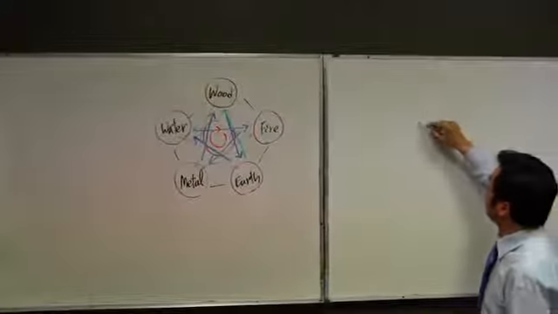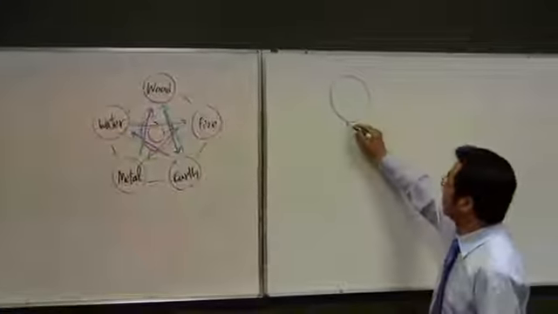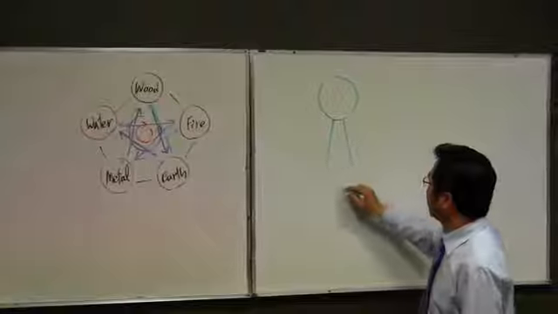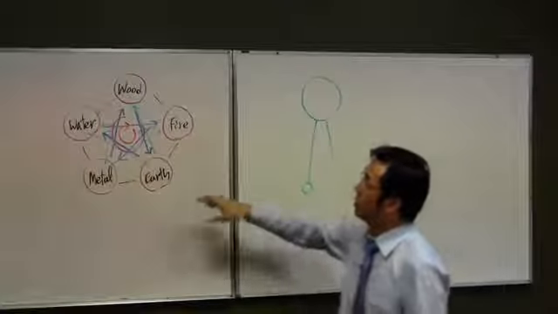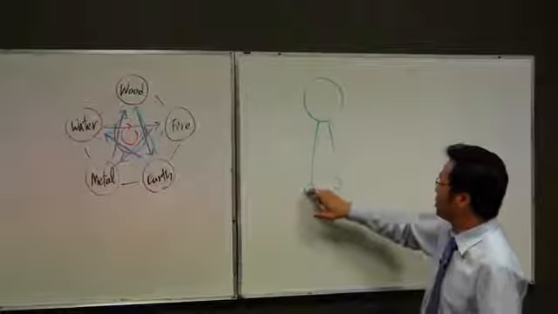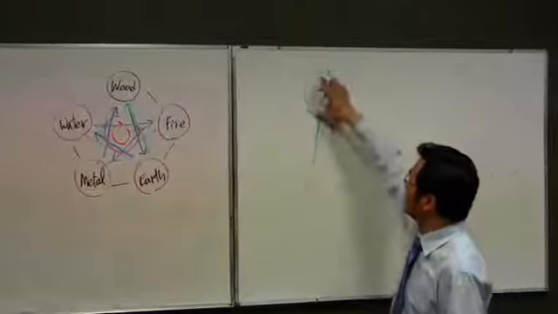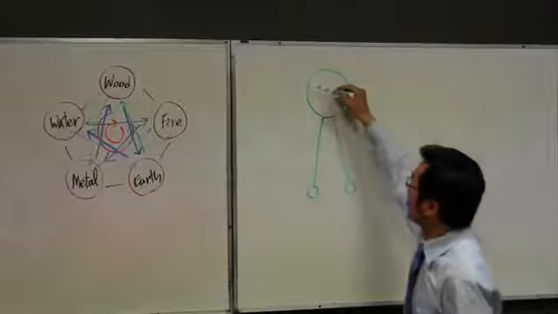If you see one element in excess, that means it takes energy from the elements it controls in the controlling sequence. It usually drains the chi from these two, and then it becomes bigger. So this is the excess condition of certain elements.